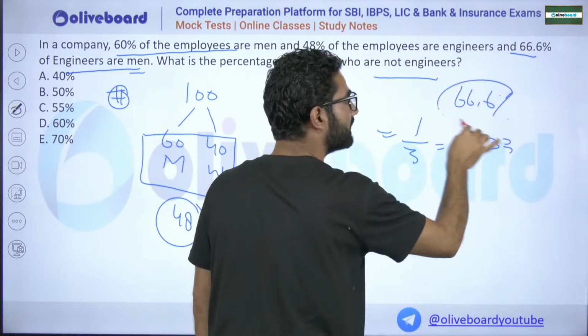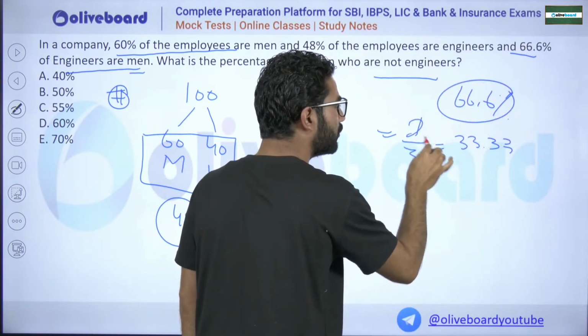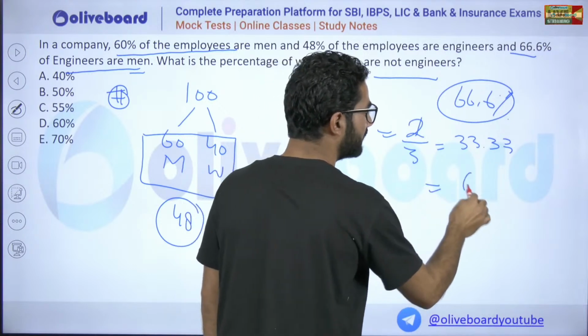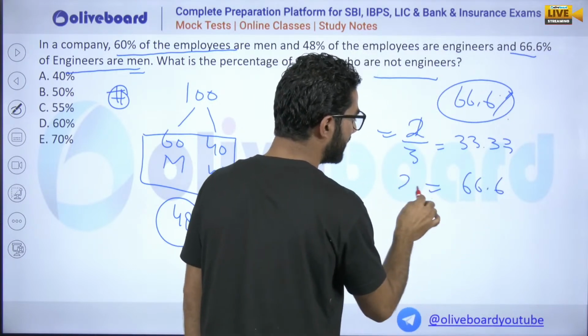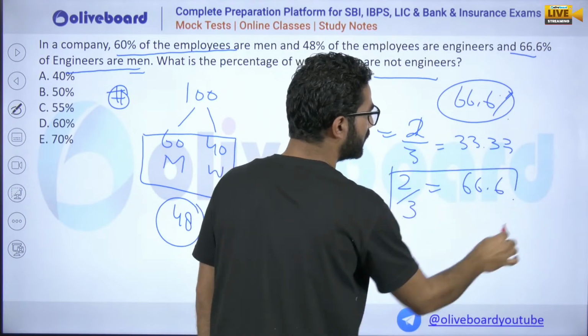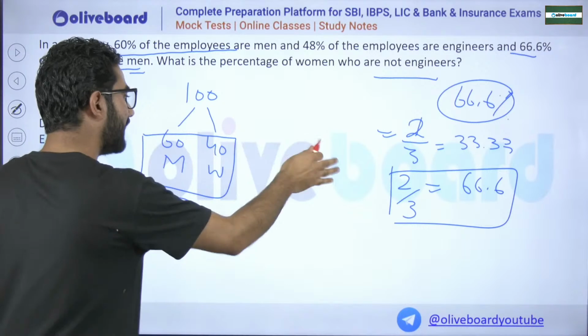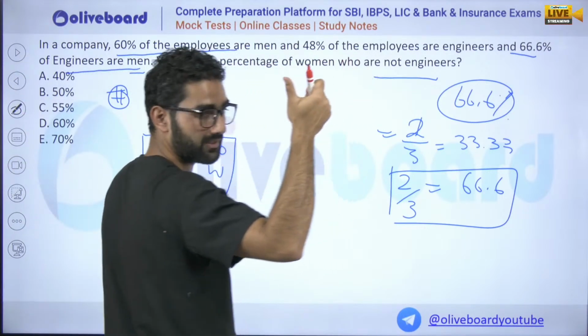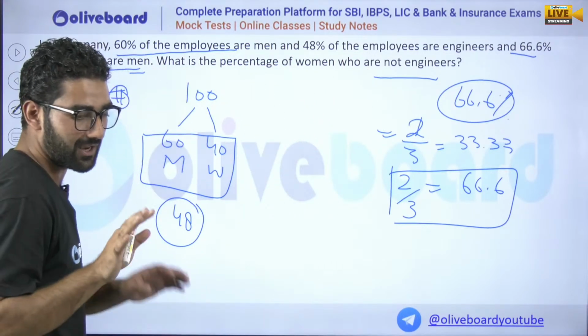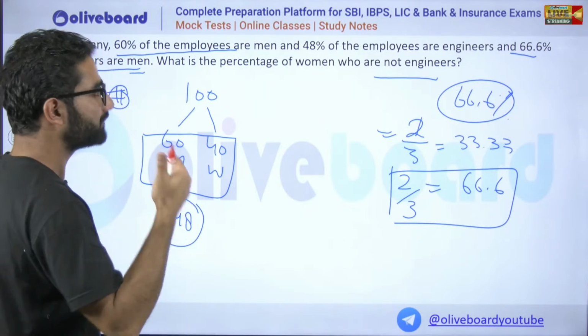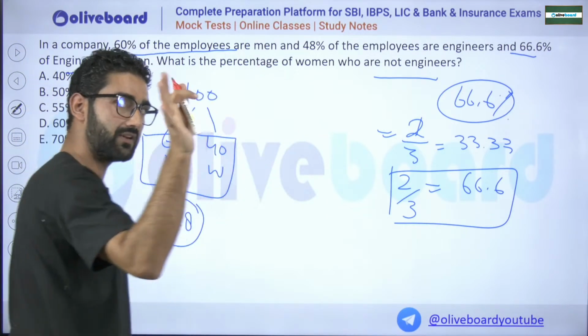If I have to calculate 66.6, I can say it will be 2 times that. That is 2/3. So in order to reduce this calculation and make it very fast, I will always suggest you remember what I told you yesterday, that 2/3 is the correct option, and fraction to percentage is very important.